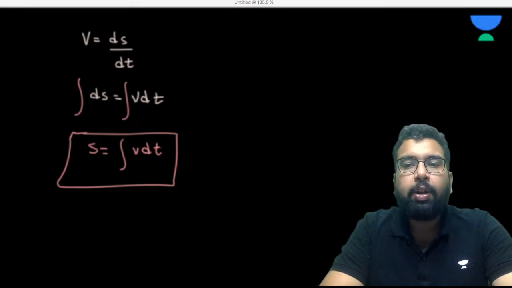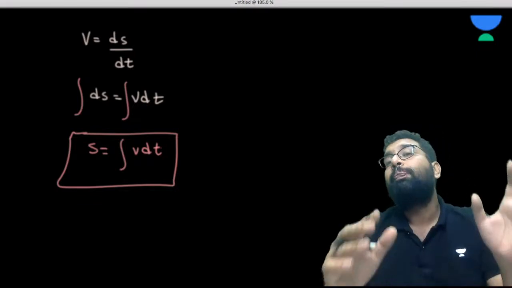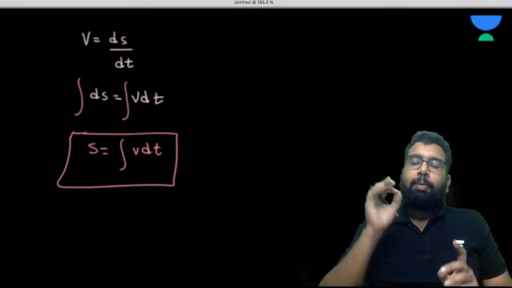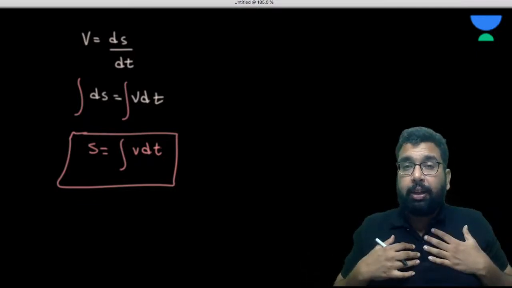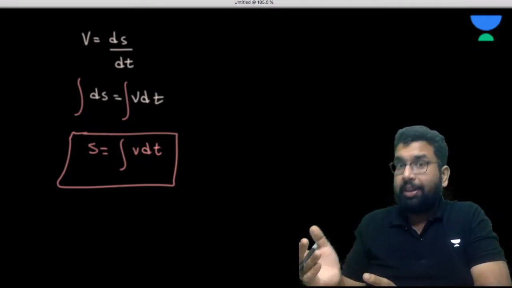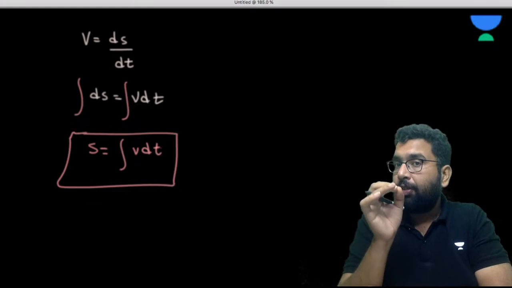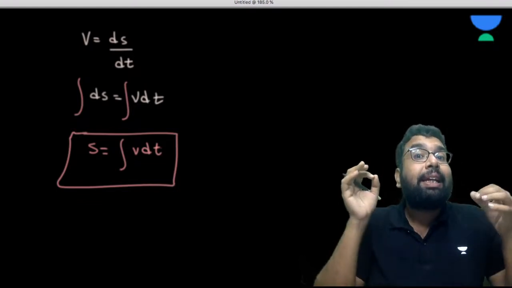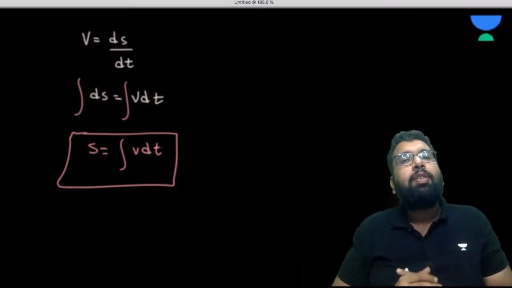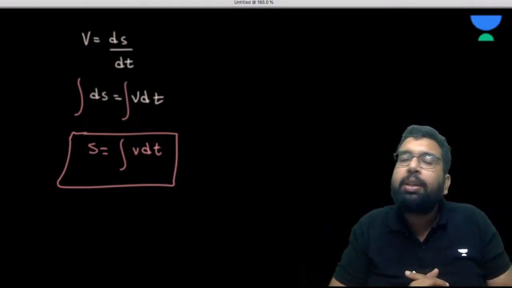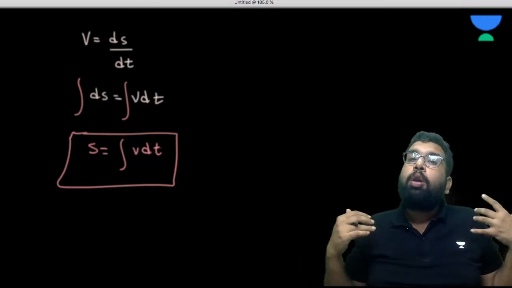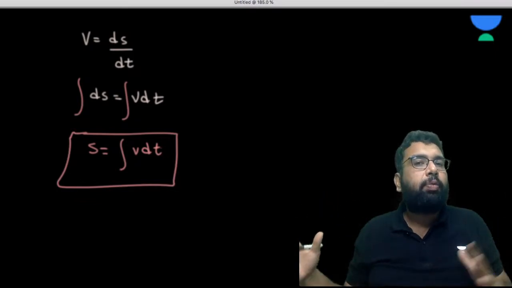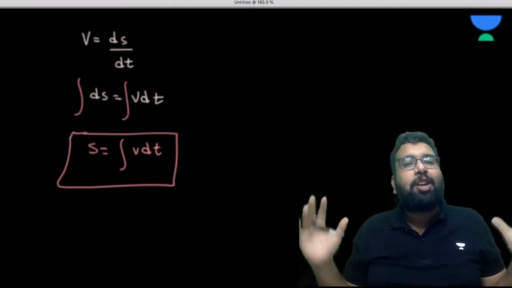If displacement is given and we want the velocity, we differentiate. But if we have the velocity and want the displacement, we need to integrate. In the last session we learned that integration is the reverse process of differentiation, along with some basic integral formulas and some basic algebra of integration.